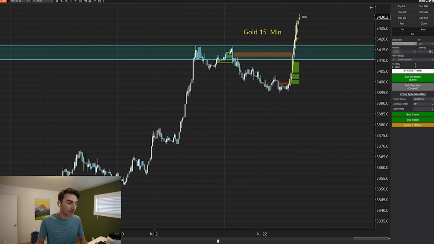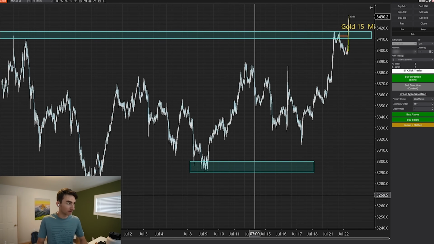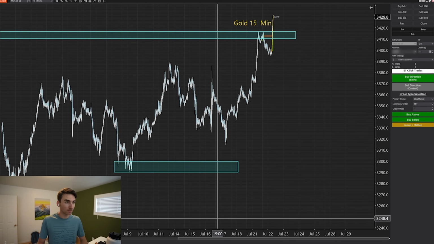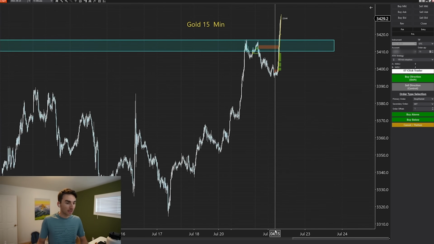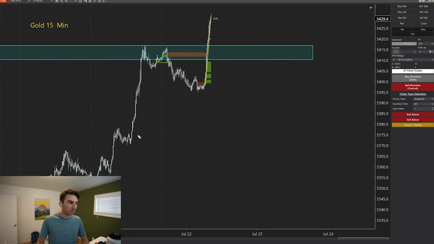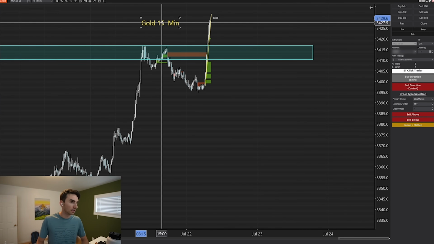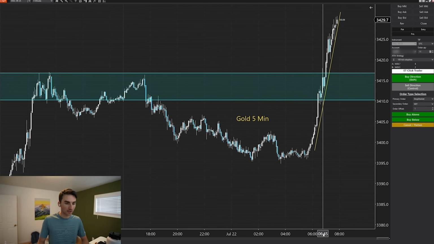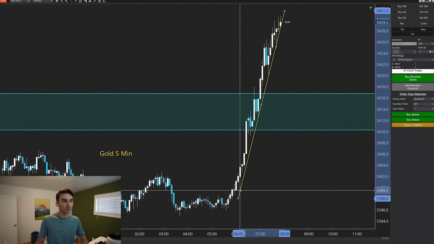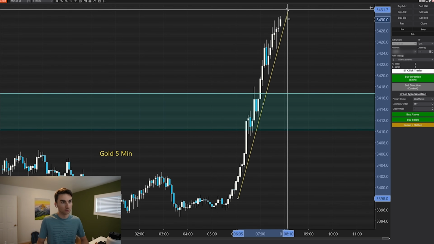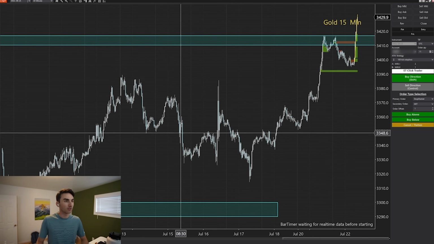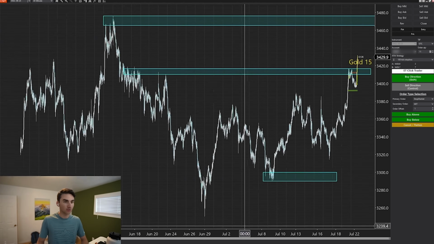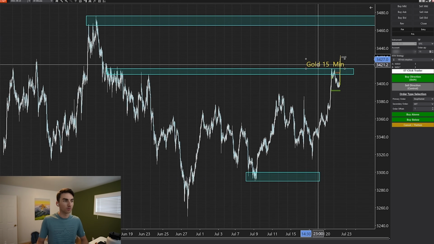Gold here, zoomed out on a 15, is having a big move up. It's been chopping around for a while, but it had a big move yesterday, and this morning it's having a second one. Going down to a 5-minute, this is a nice uptrend that I would love to try and short. But the problem is if we zoom out to a 30, there's just not a great level that it's at yet.